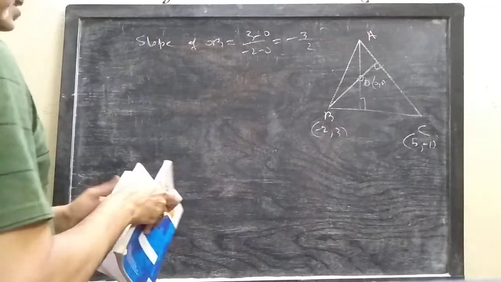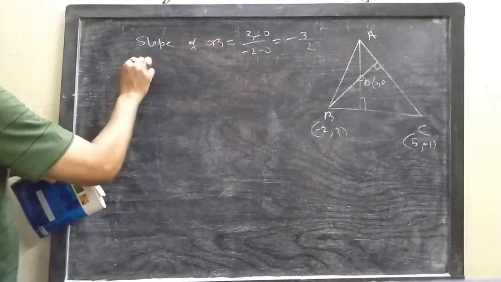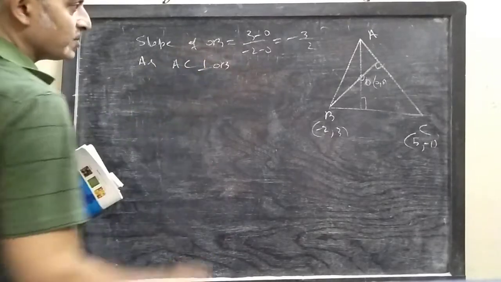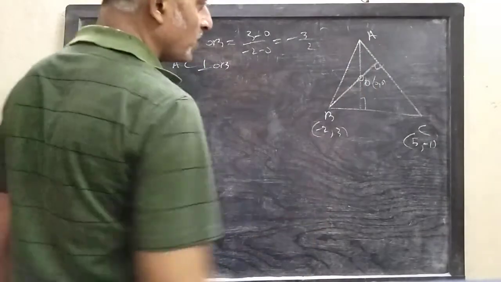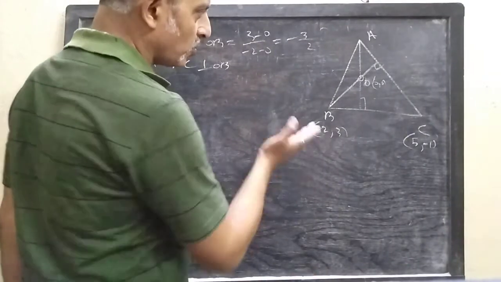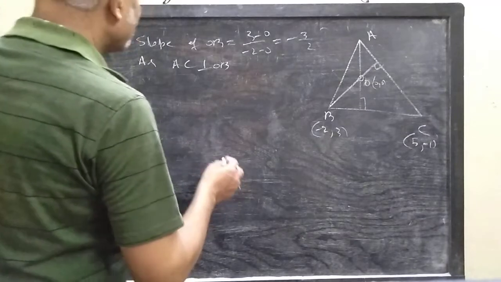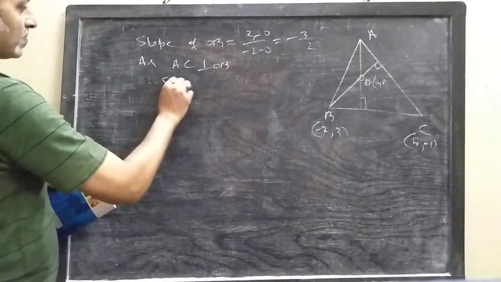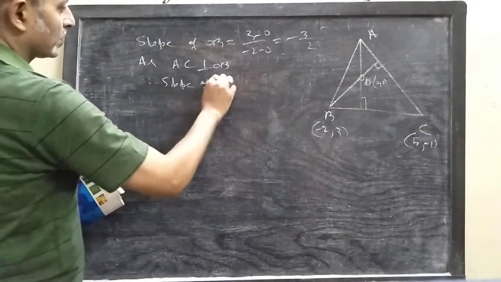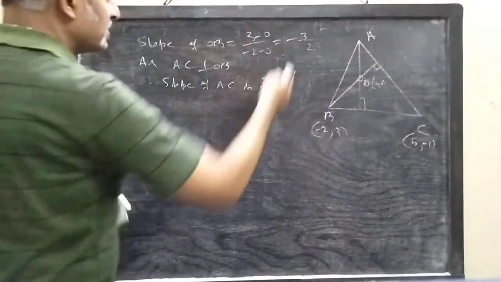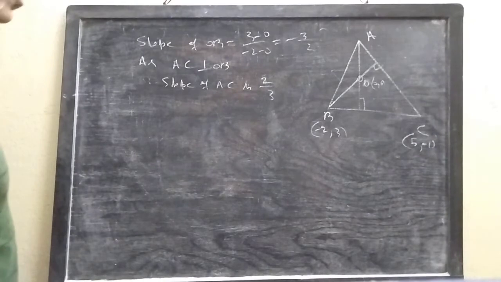Now as AC is perpendicular to OB, why? Because O is the orthocenter, so OB should be perpendicular to AC. Therefore the slope of AC will be 2 by 3, as this is minus 3 by 2.